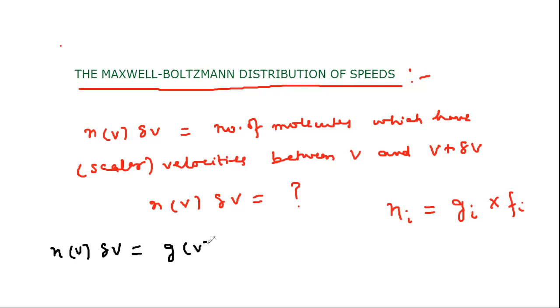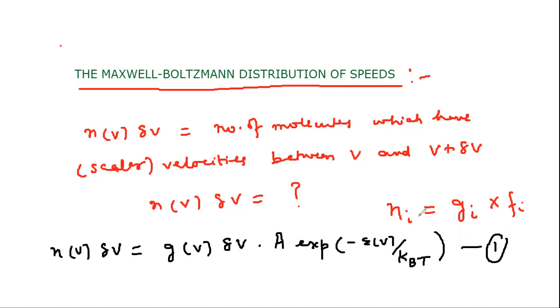We will write first, it is G of v delta v times the filling factor or Maxwell-Boltzmann distribution, that is A exponential of minus epsilon of v by kBT.